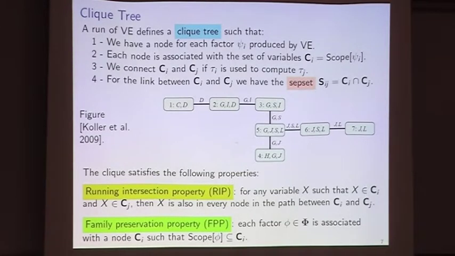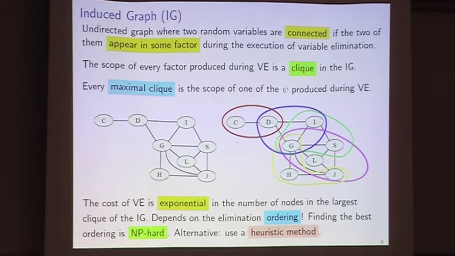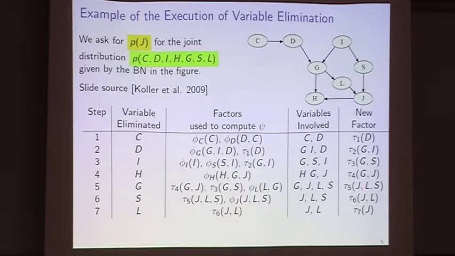Finally, when we have these nodes in the clique tree, we will connect two nodes I and J whenever the factor tau I, produced during the execution of variable elimination, is used to compute tau J. So if this is the execution of variable elimination, to compute tau 2, we are using the factor tau 1. And to compute tau 3, we are using the factor tau 2.